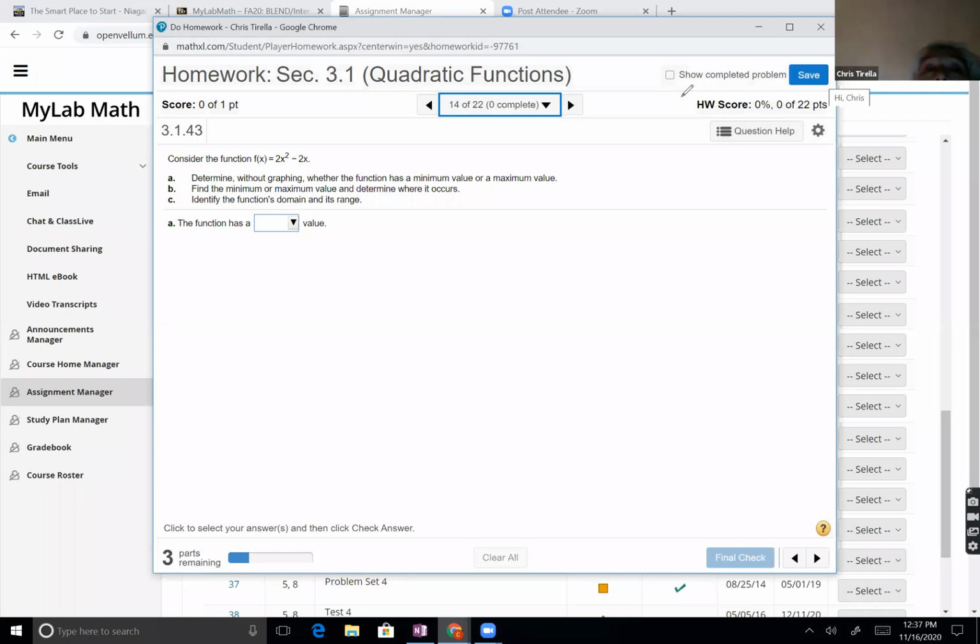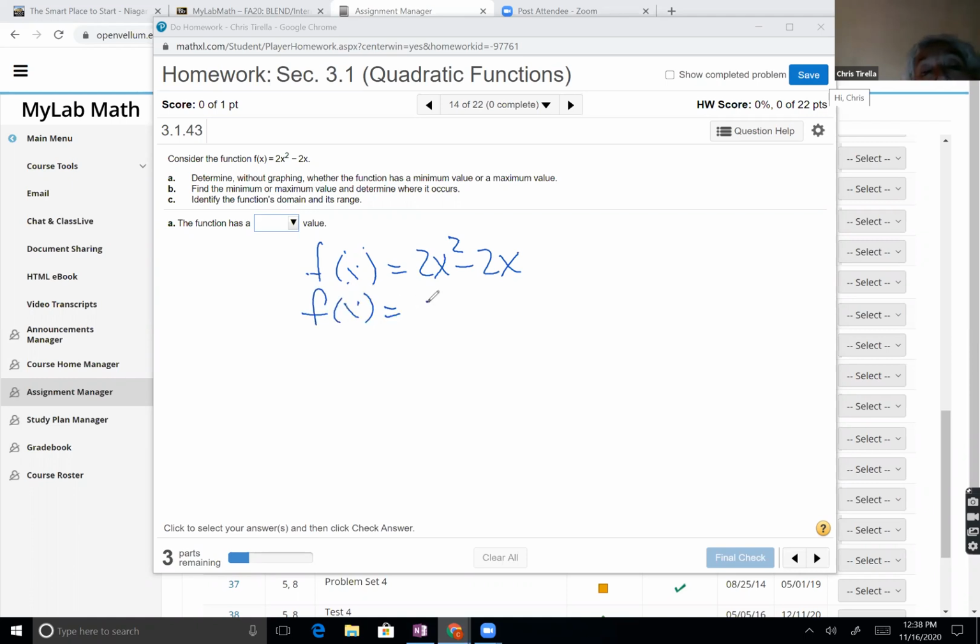Okay, so question 14, we've got the function f of x equals 2x squared minus 2x. That's in the form f of x equals ax squared plus bx plus c. And I'm guessing you recognize that since a is 2, it's positive, so it's opening upward. And since it's opening upward, the turning point would be a minimum.